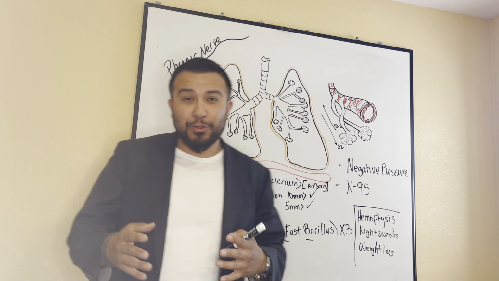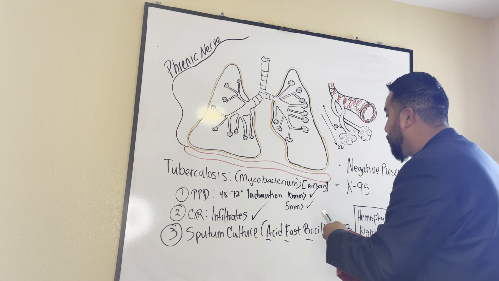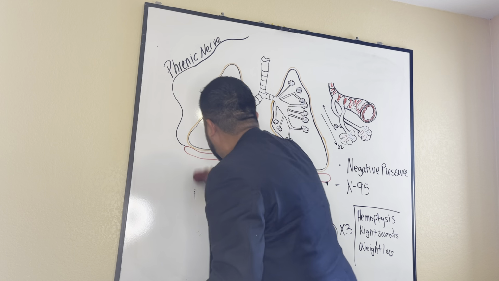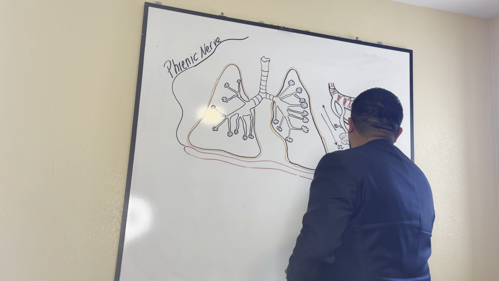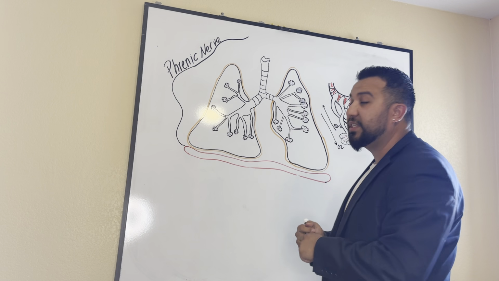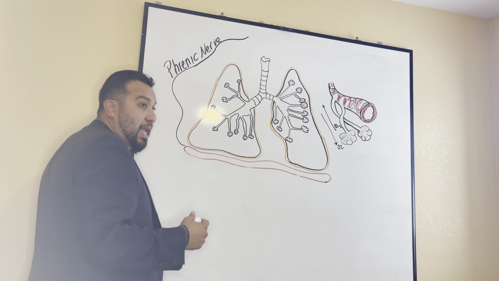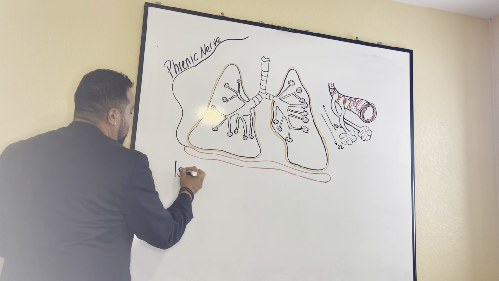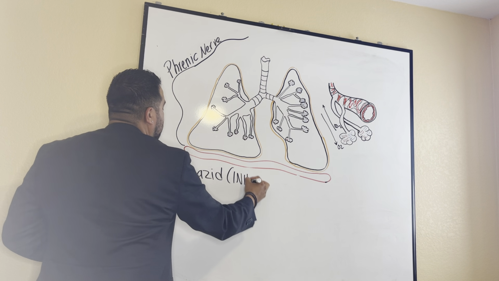In regards to the medical regimen, you guys have to keep a few things in mind. The medications that we use for this aggressive bacteria, Mycobacterium tuberculosis, are also aggressive antibiotics. So we're talking about isoniazid, or INH.